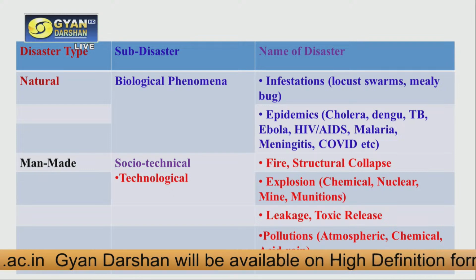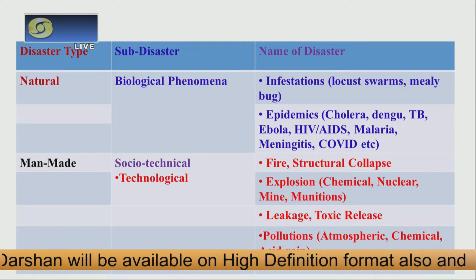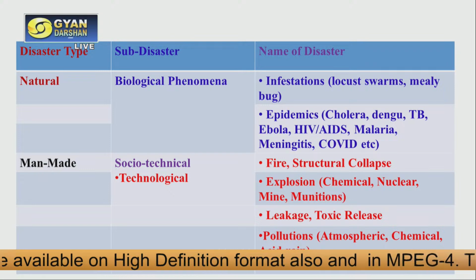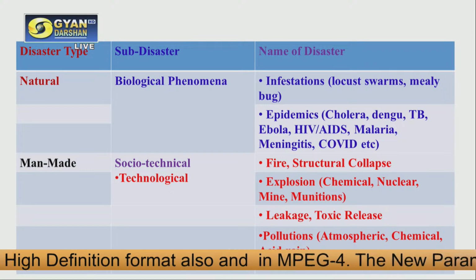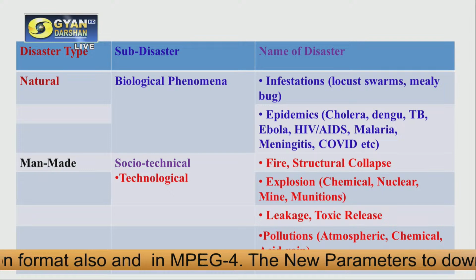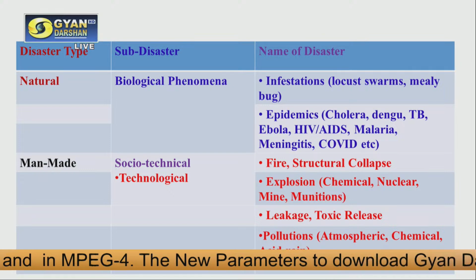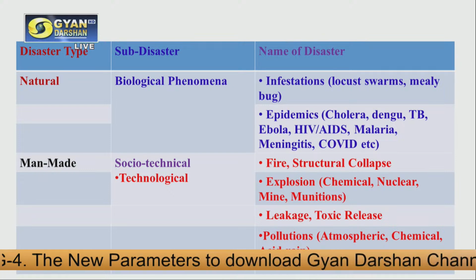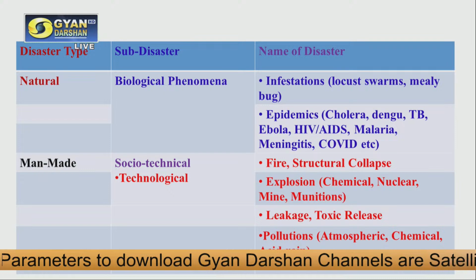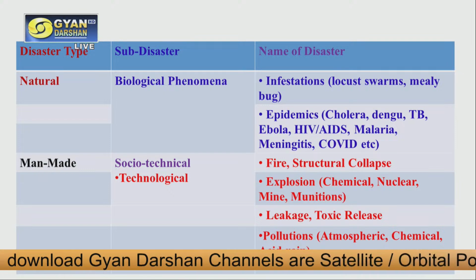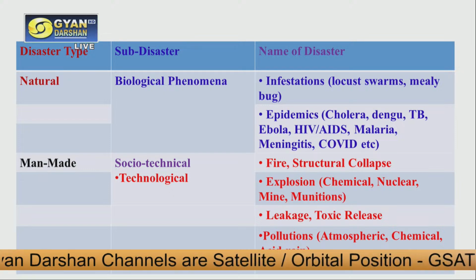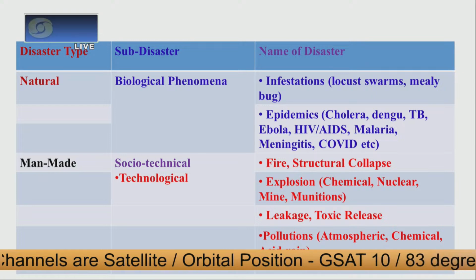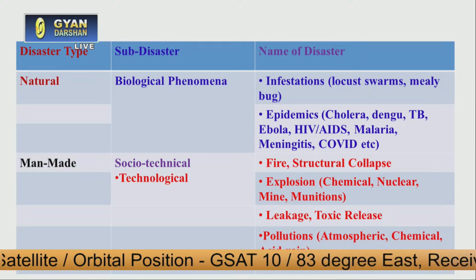Like infestations, in which locust, worms, and mealybug are there, then various epidemics, which you can call cholera, dengue, tuberculosis, Ebola, HIV/AIDS, malaria, meningitis, COVID, etc., which are caused either by bacteria or viruses basically. So these are taken under the category of biological phenomena.